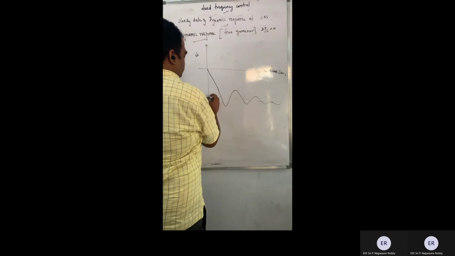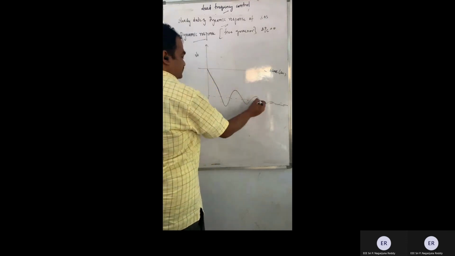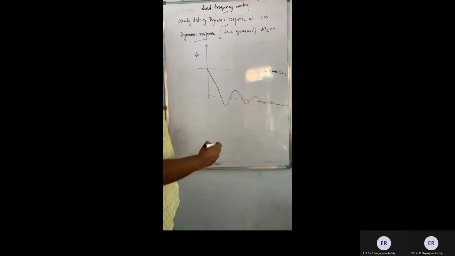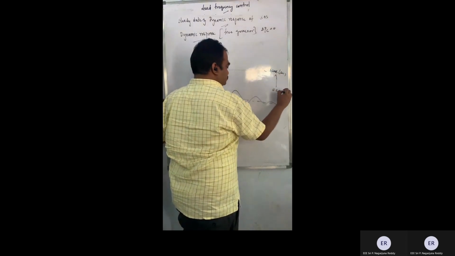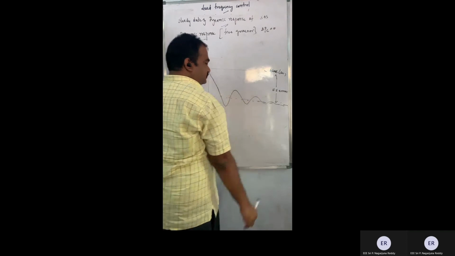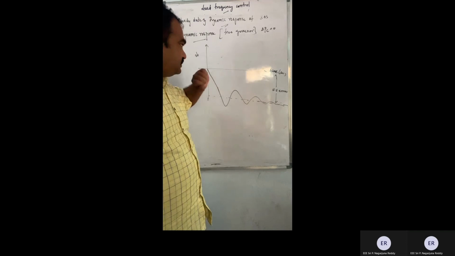This is what we observed before it finally settles down at some value, and this is called the steady state. Normally, ideally, we want the change in frequency to be zero, isn't it?